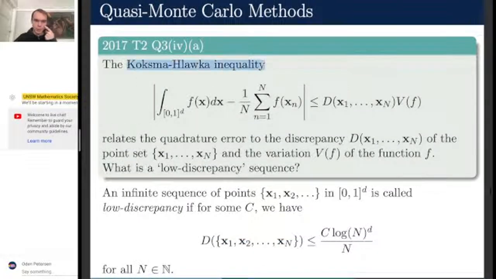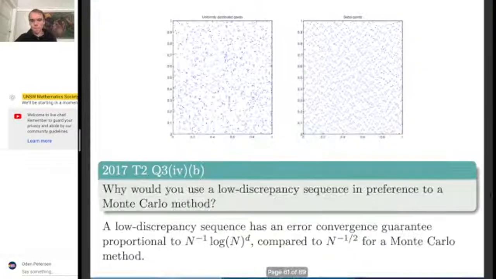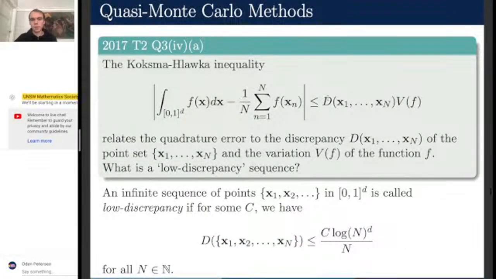And this inequality, which I'm not going to try to pronounce, is giving us a guarantee about the absolute error of an estimator of the integral using this quasi-random sequence rather than a pseudo-random sequence of numbers, in terms of what's called the discrepancy of the quasi-random sequence and the variation of the function, which is a term that we saw before. This was the sigma f that came up in the Monte Carlo estimate.